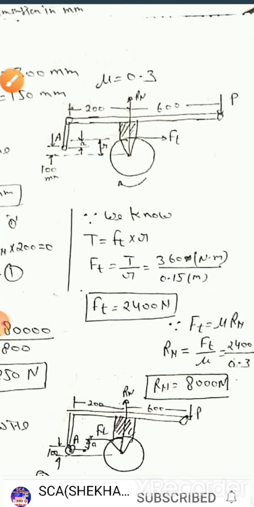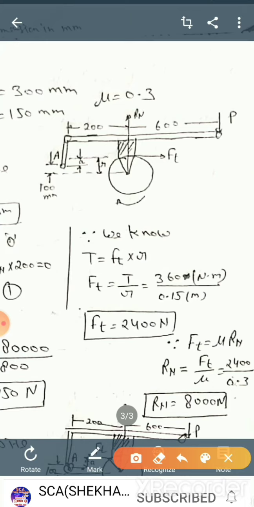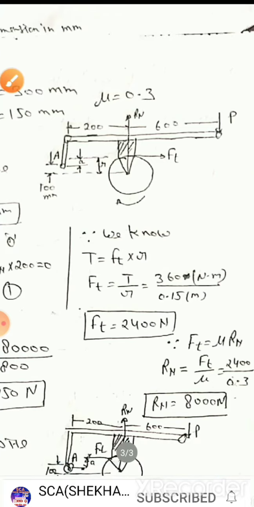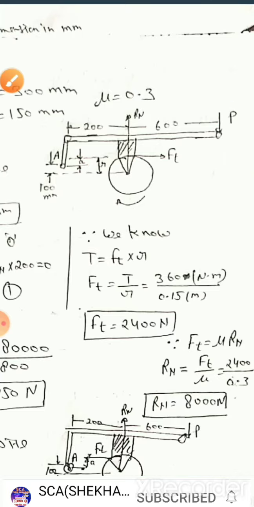Now see in this figure, the wheel rotates clockwise, Ft is towards the right side. So here small a is used. Now in the second case, we use small b as a substitute for small a.